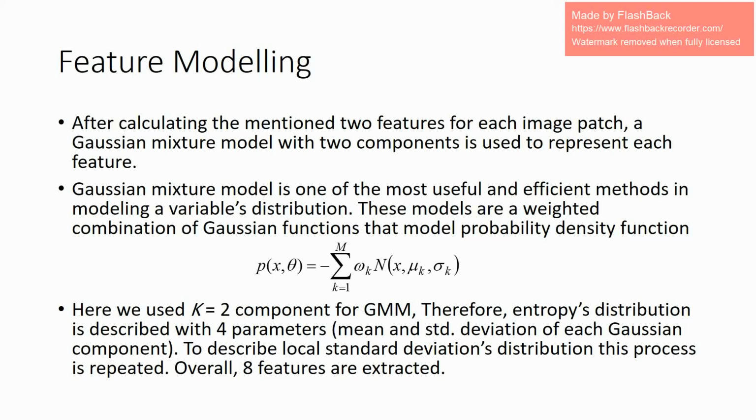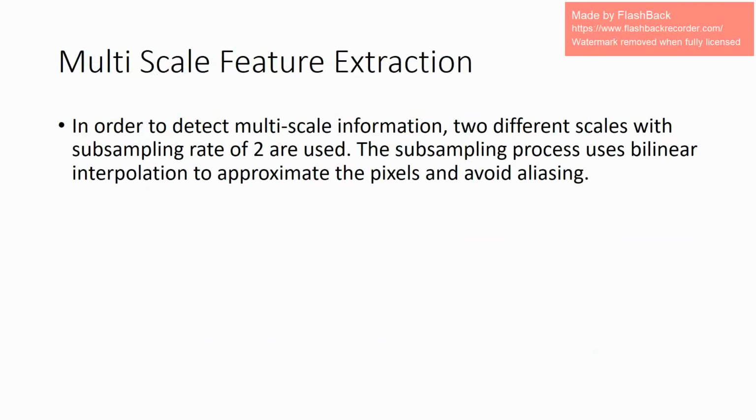Here we used two components for GMM, therefore entropy's distribution is described with four parameters: mean and standard deviation of each Gaussian component. To describe the local standard deviation's distribution, this process is repeated. Overall, 8 features are extracted.